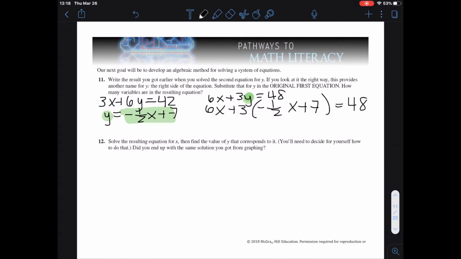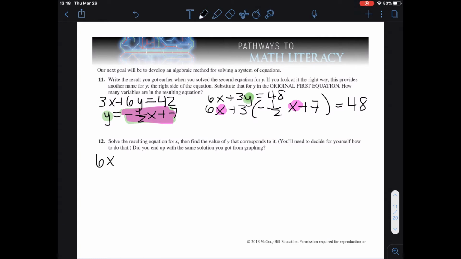And this needs to equal 48. So if you notice now, as a result of plugging in this value of y, we only have a single variable, which is x. So we can now solve this resulting equation for x.